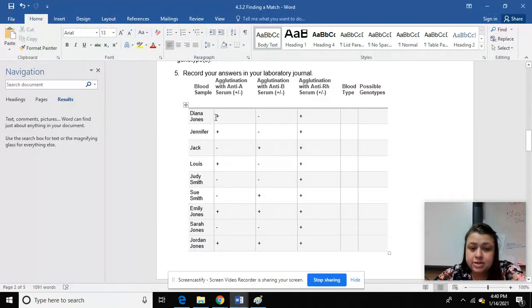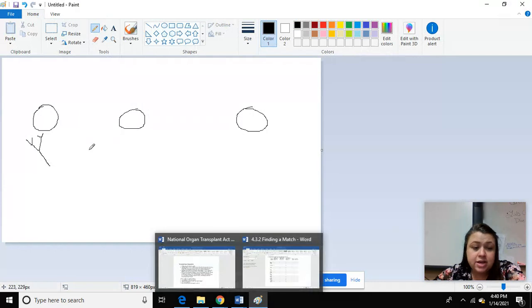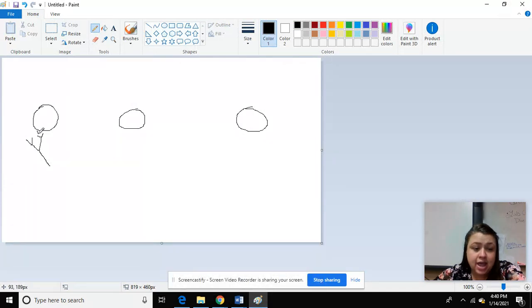So we go back and we see this positive sign, which means that it did thicken. And so that tells us that this A antibody attached to A antigens on the surface of her cell. So we know she at least has A antigens on the surface, which means she's either A or AB blood.